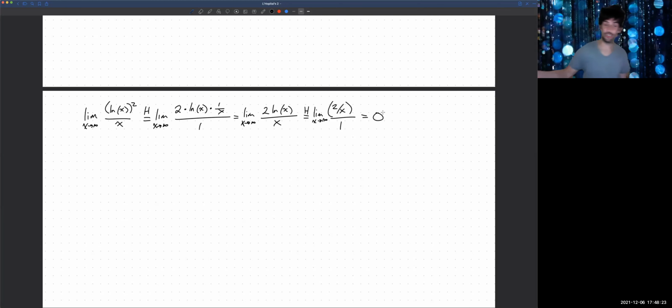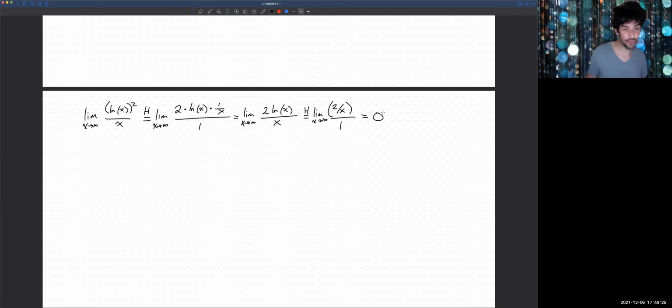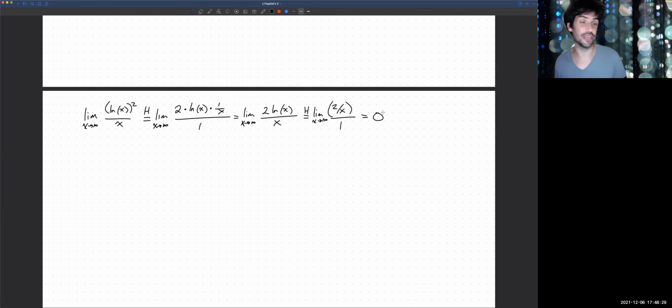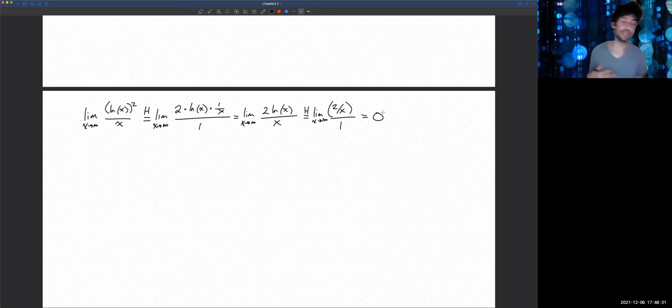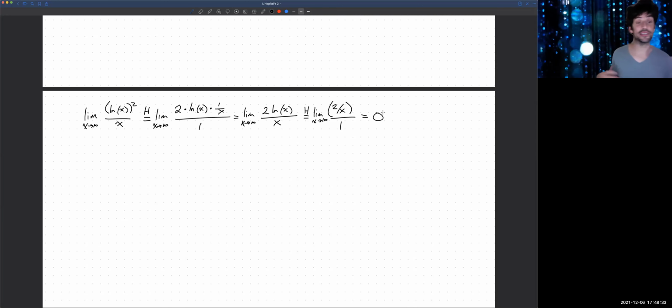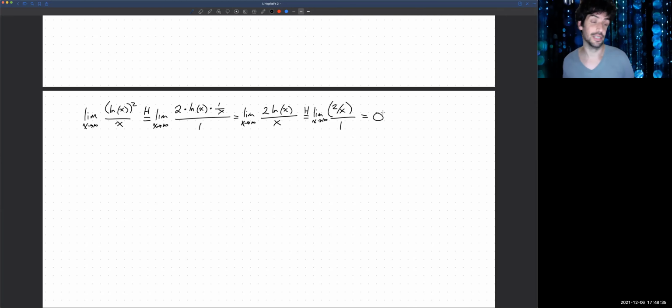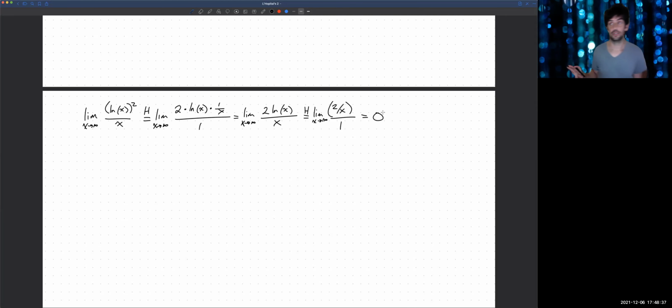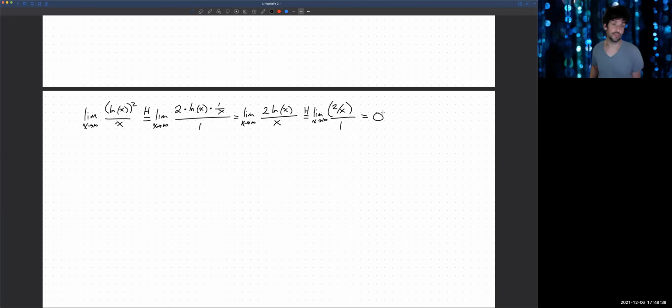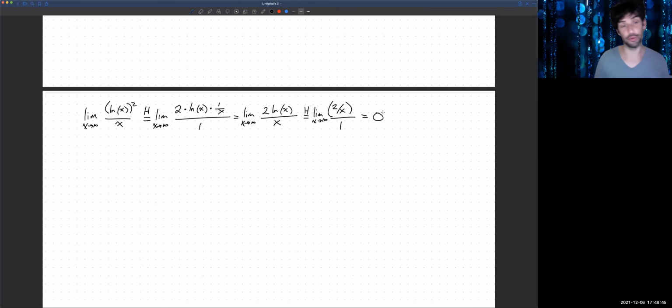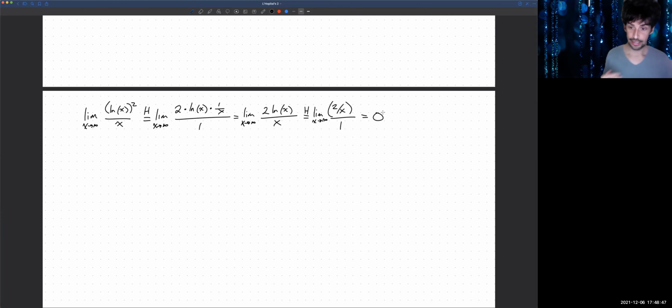So exponentials will beat polynomials. I haven't shown you explicitly, but it turns out that natural log will always lose to polynomials, right? So exponentials grow incredibly fast, polynomials kind of fit next, and then natural logs grow slower, or all logarithms really.